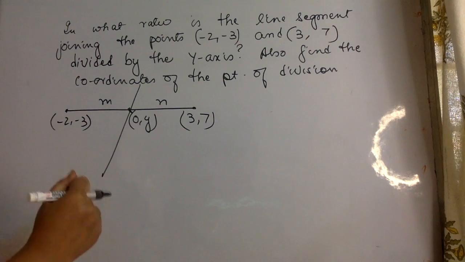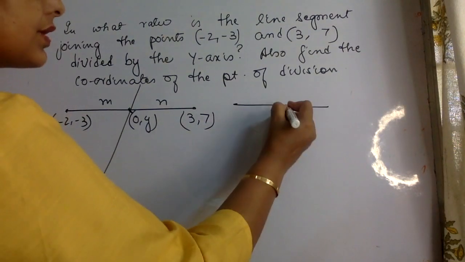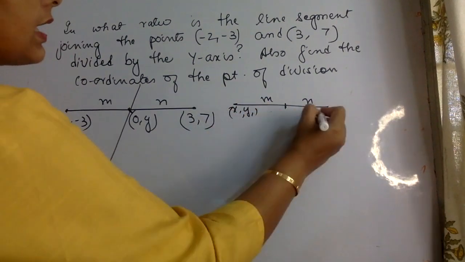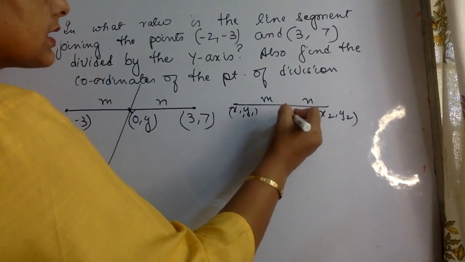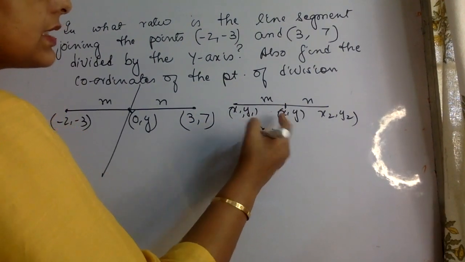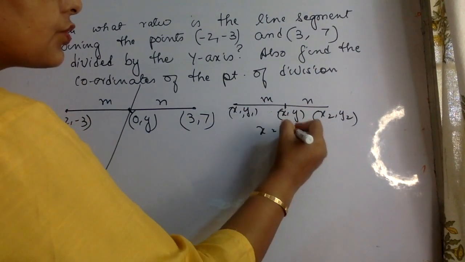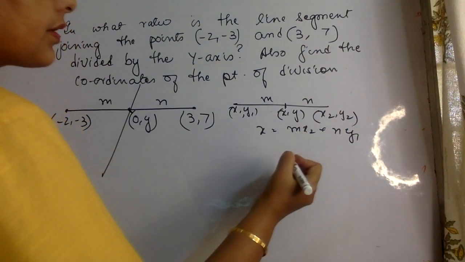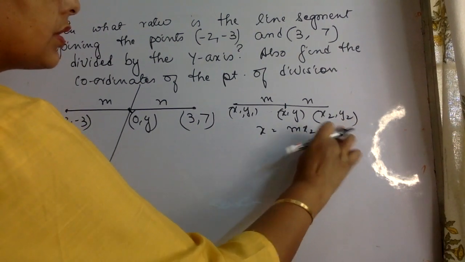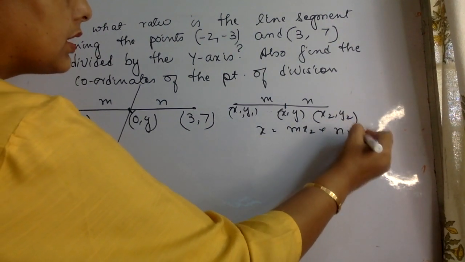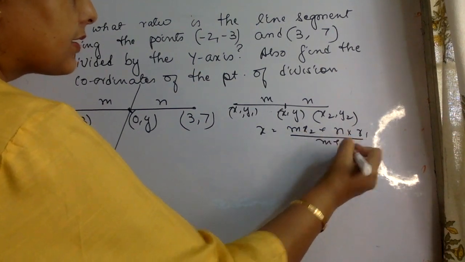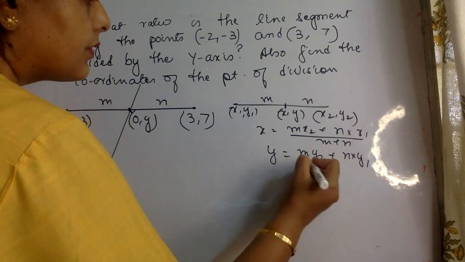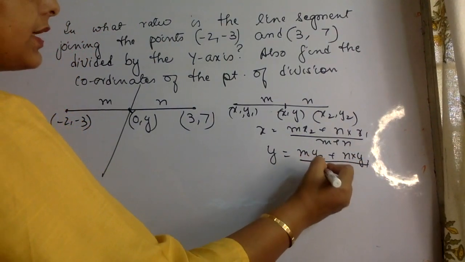Just a recap of the section formula: if the points are x1 y1 and x2 y2, and the dividing point is x y in the ratio m is to n, then x is equal to m into x2 plus n into x1 by m plus n, and y is equal to m into y2 plus n into y1 by m plus n.